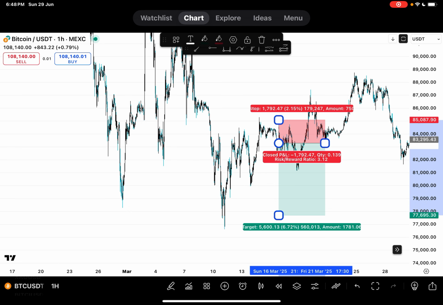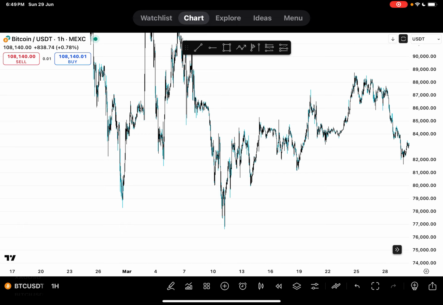Now, what I meant by this is that you are going to see pin bars everywhere, and not just pin bars. Whatever you see on YouTube, whatever strategies you're learning from different people, the candlestick patterns, you are going to see them everywhere. But what you have to do is see that thing at the right place.